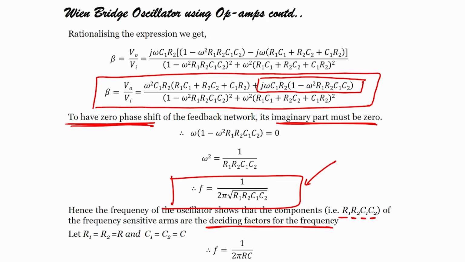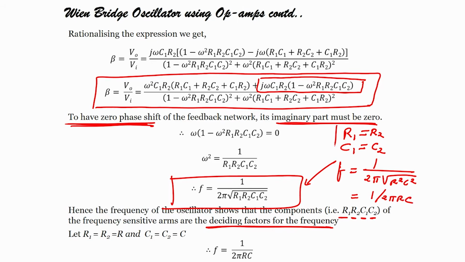In case your R1 equals R2 and capacitor C1 equals capacitor C2, my formula for f would become 1 divided by 2 pi under root of R square C square. This is nothing but 1 divided by 2 pi RC, when R1 equals R2 and C1 equals C2.